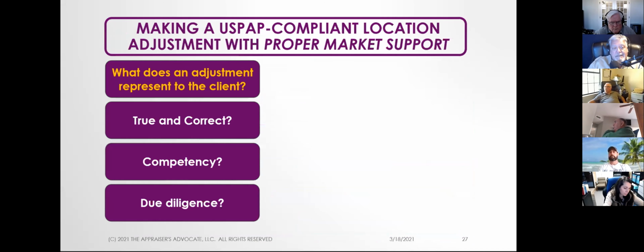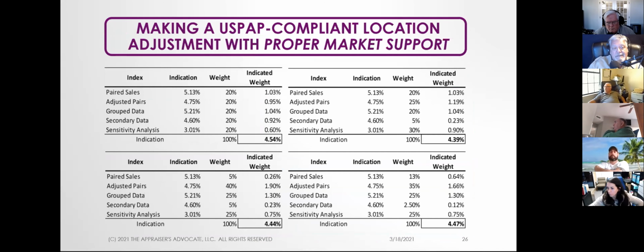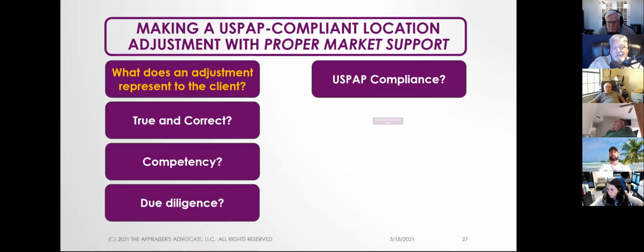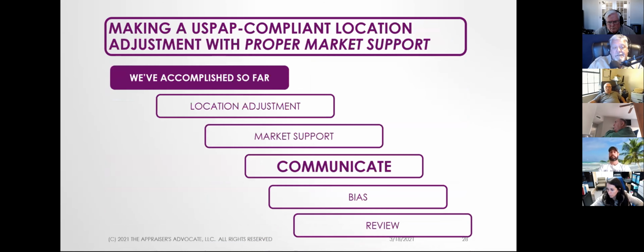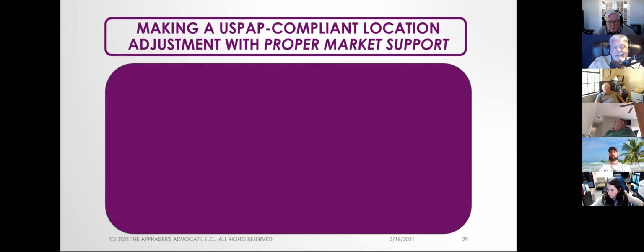Would you include this in your report? Yeah, if you want to. It might be a little bit too much to explain, but the language goes through that grid to make it clear what it is we did.